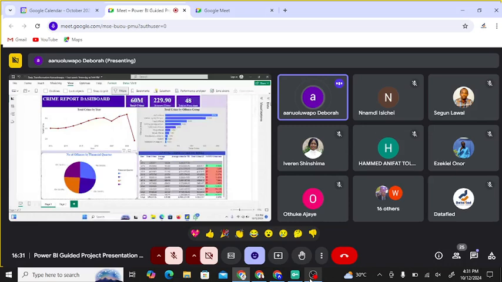After calculating my total crime, I also did the average crime for the years, which amounts to 229.90. Then the unique first names for the years amount to 48.